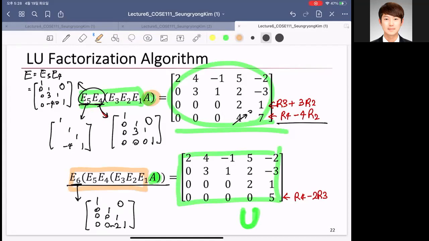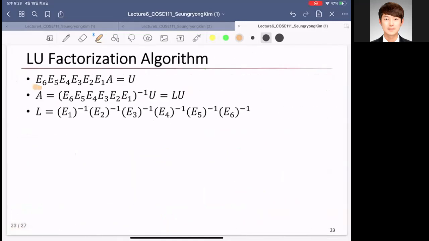Thanks to the properties of matrix multiplication, this equation can be written as, okay, looks like this. E6, 5, 4, 3, 2, 1 times A is equal to U, right? And we already know this one is invertible, right?